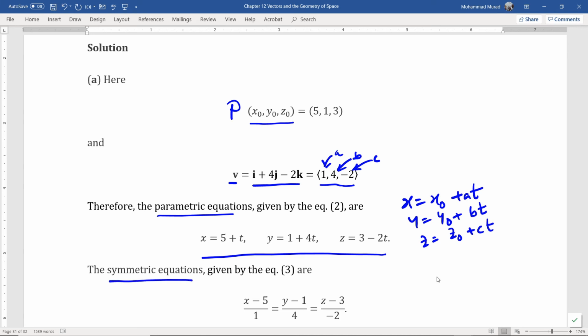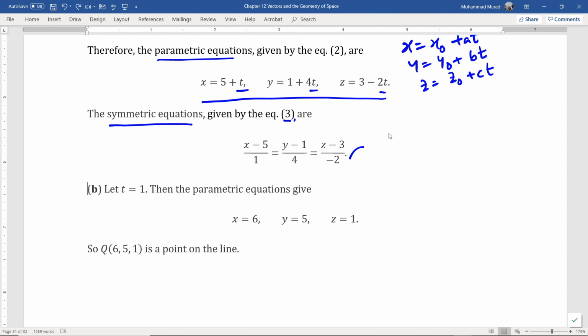Similarly, the symmetric equations given by the equation 3 are these three equations obtained by eliminating the parameter t from these three equations. Now in B, we let t equals 1, then the parametric equations give x equals 6, y equals 5, and if we substitute t equals 1 here, we get z equals 1.